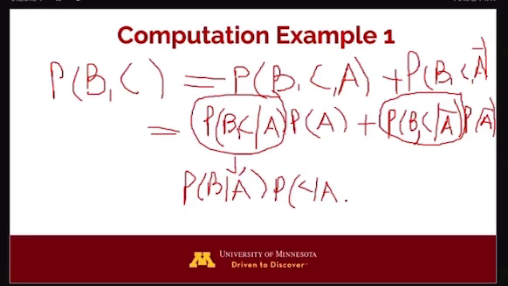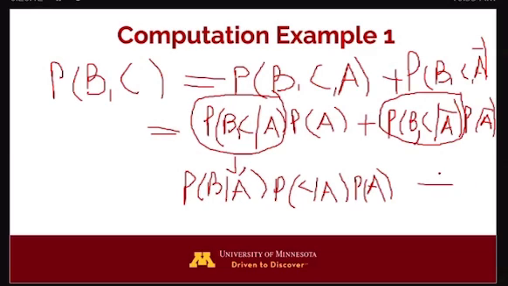Take a look at that. If B comma C is given A, I can split it into B given A and C given A. Look at that on the board. You see what I interpreted? B comma C given A can be written as B given A multiplied by C given A. So that can be partitioned into a joint distribution. Don't forget there's a probability of A here.